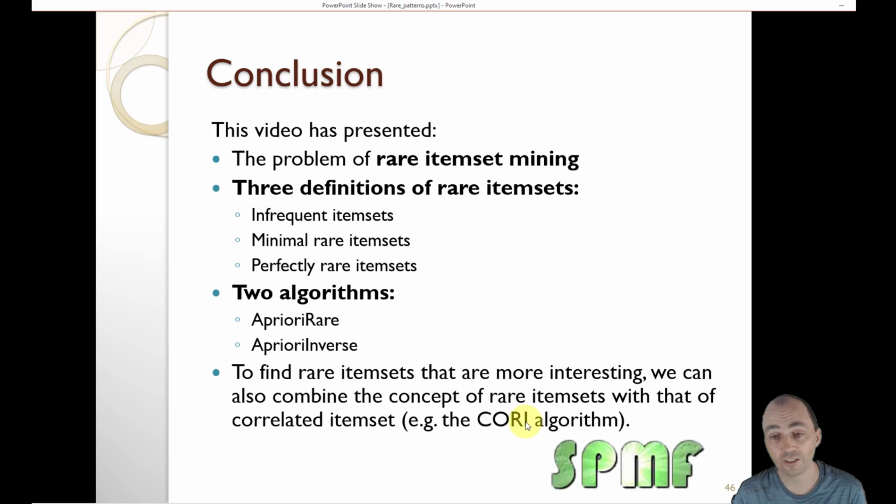The idea is they want to find rare item sets again, but they add a measure of correlation, because if something is rare, maybe it is just by chance or not very significant. So to find more meaningful rare item sets, we can add some measure of correlation or other things to find rare item sets that are not just rare but have a strong correlation.